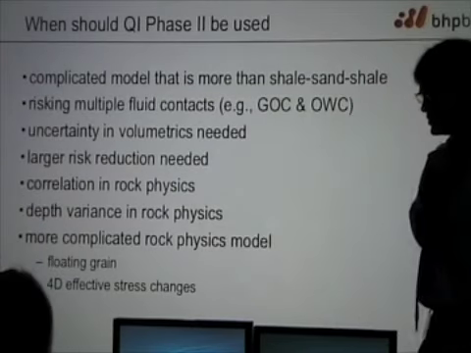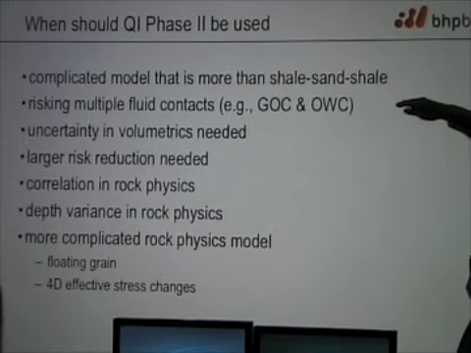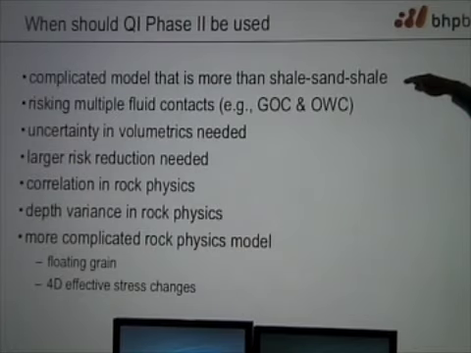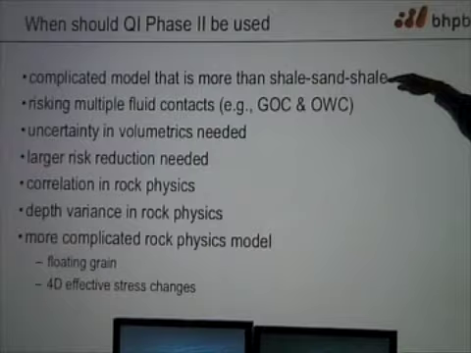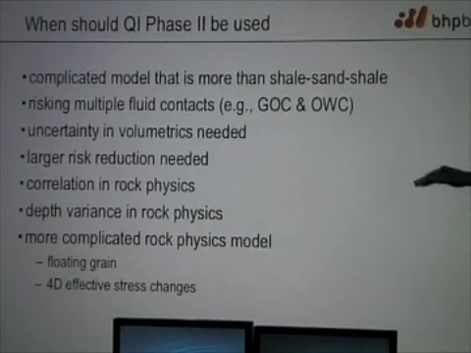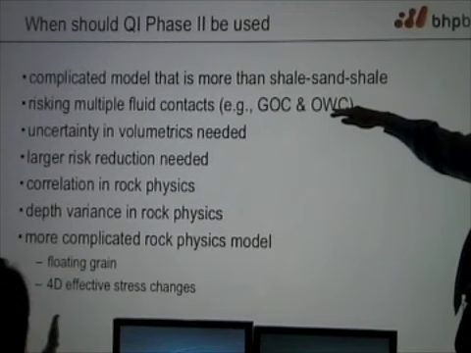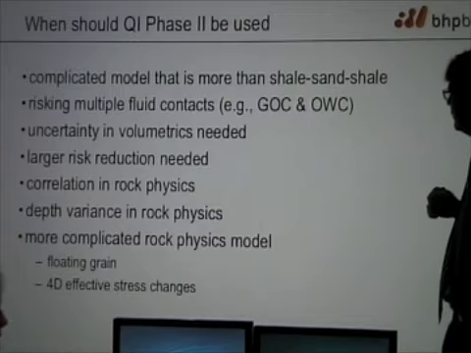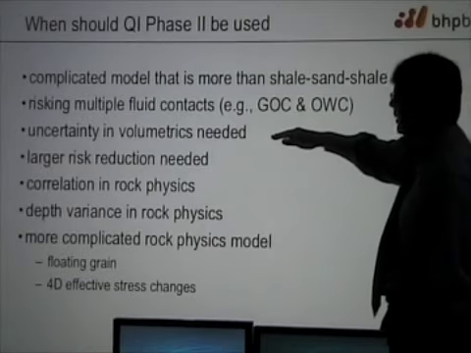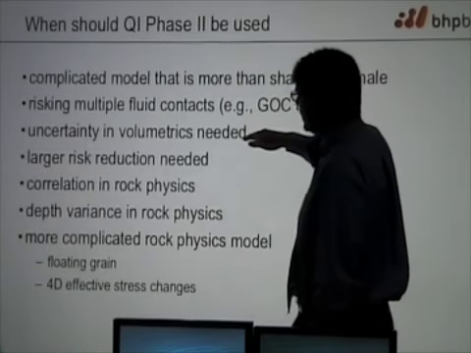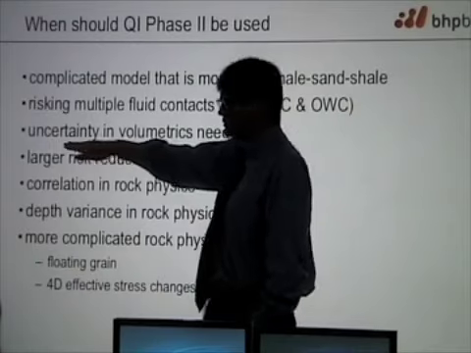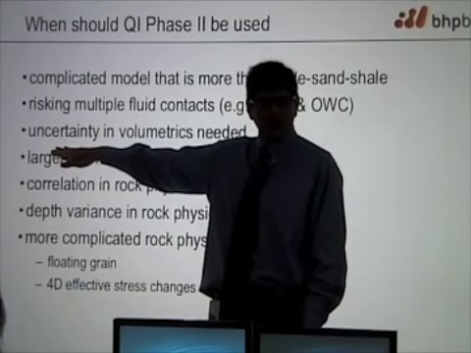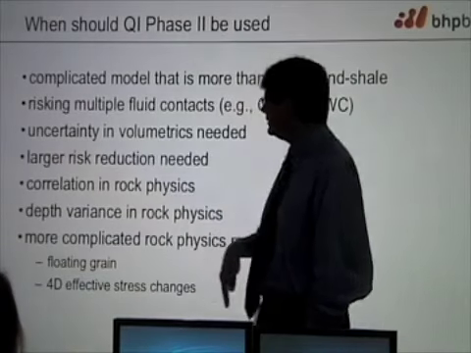First of all, when should phase two be used? This should be your little checklist if you have an opportunity. First, do you have a complicated model that is more than the simple model I've talked about? Are you risking multiple fluid contacts? That is more of a complication of the model, two contacts. Do you desire not only an estimate of the volumetrics, but a fair estimate of the range of what the volumetrics could be?